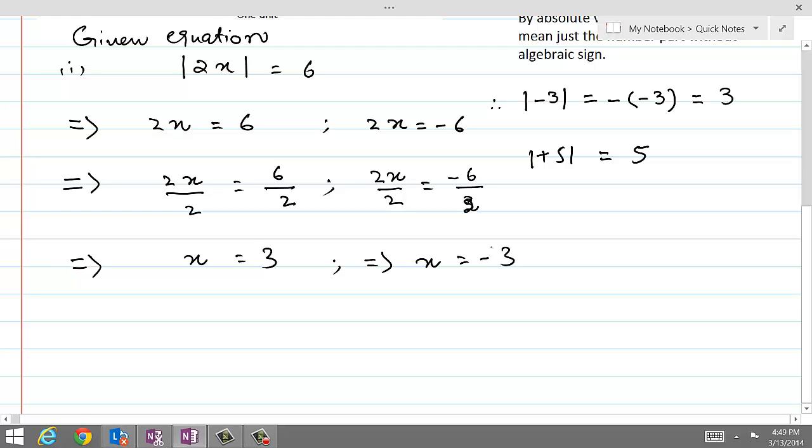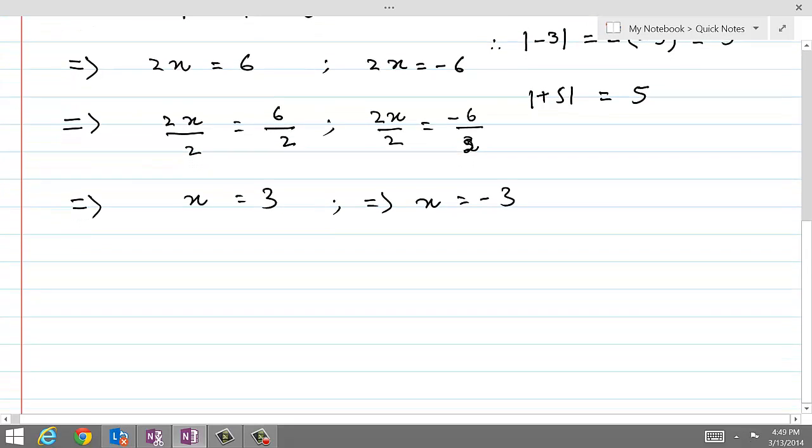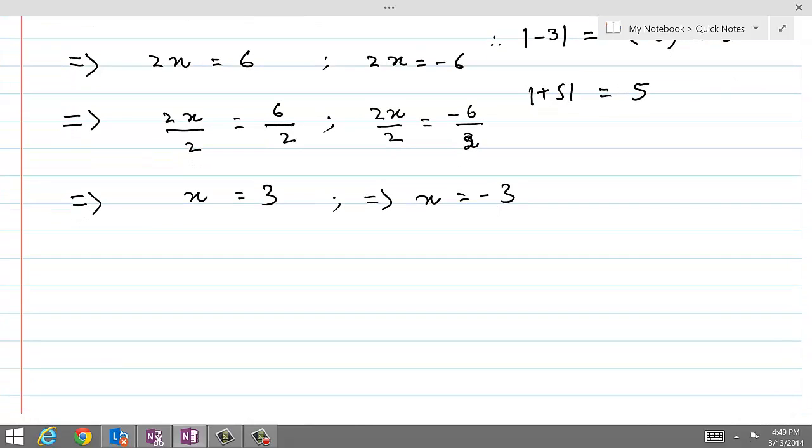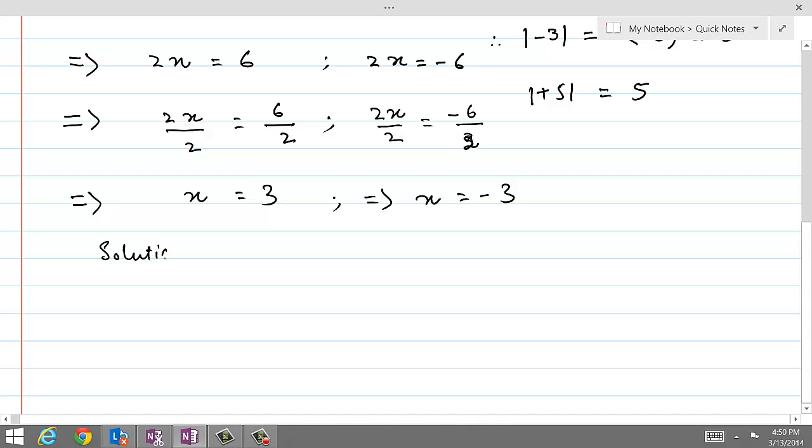So this way the solution set has two possible values, x equal to 3 or x equal to minus 3. The solution set means the possible values which can satisfy this equation are either plus 3 or minus 3.